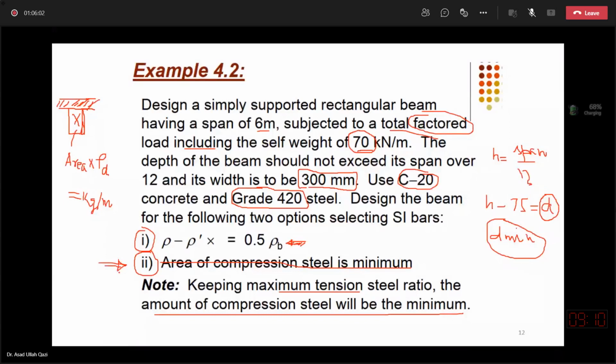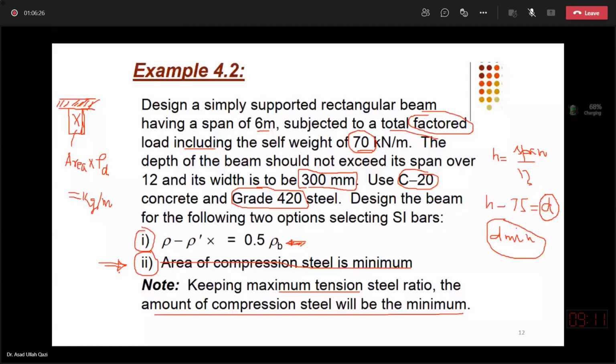So when I start with the rho max of singly, by default you get this promise that your compression steel will be minimum, and it will actually be an economical beam because your area of compression steel will be reduced. Now, what I explained in the flow chart, I am going to repeat those steps.